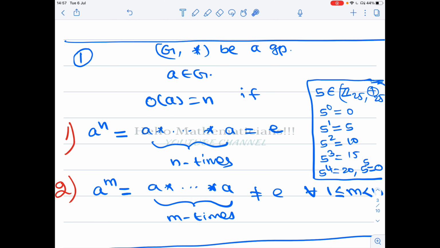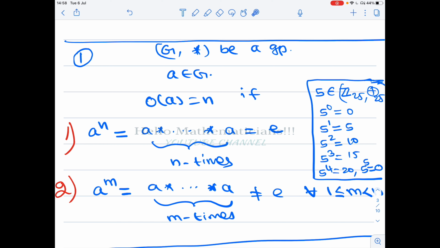So this definition means that when you multiply A with itself n times, you will get identity, but if you multiply a lesser number of times, that is 1 less than or equal to m strictly less than n, you won't get identity. Basically, you keep multiplying A with itself, and the first time you get identity, that is the order of the element.